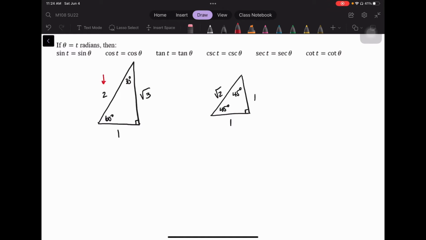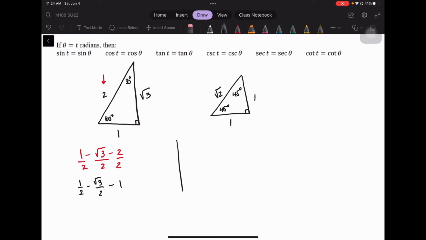So how can I transform that so that I then get a unit value of 1 to apply this to the unit circle? If I divided through by 2, my ratio of 1, root 3, 2 then becomes 1/2, root 3 over 2, and 2 over 2, or 1.